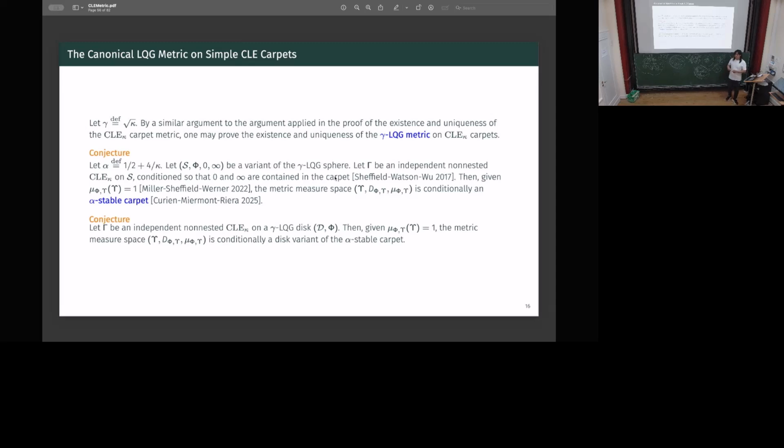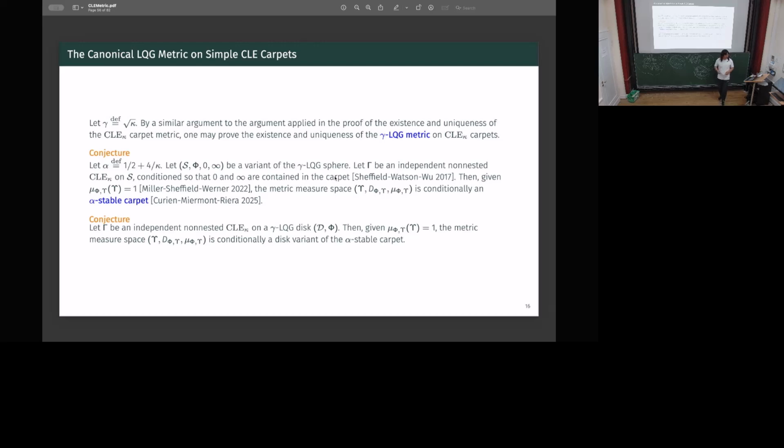Is there a reason you want to condition on that? What's the reason you want to condition on 0 and infinity in the carpet? Otherwise you won't get a probability measure. I'm just a bit wondering because the stable gasket doesn't have such a condition in there, right?